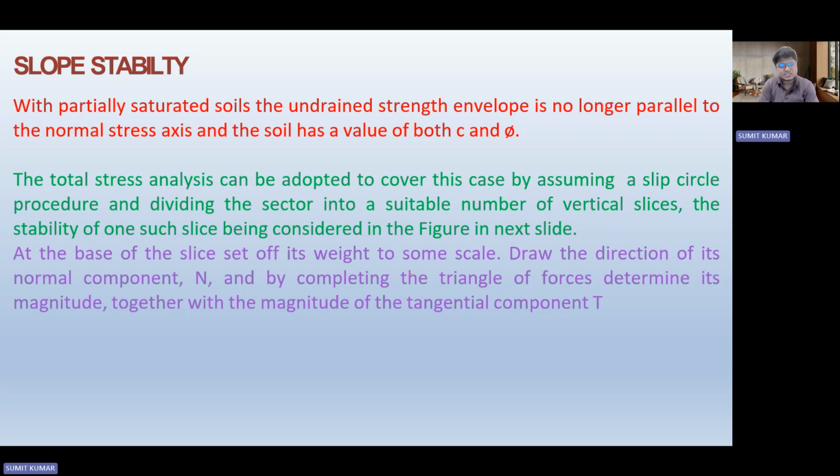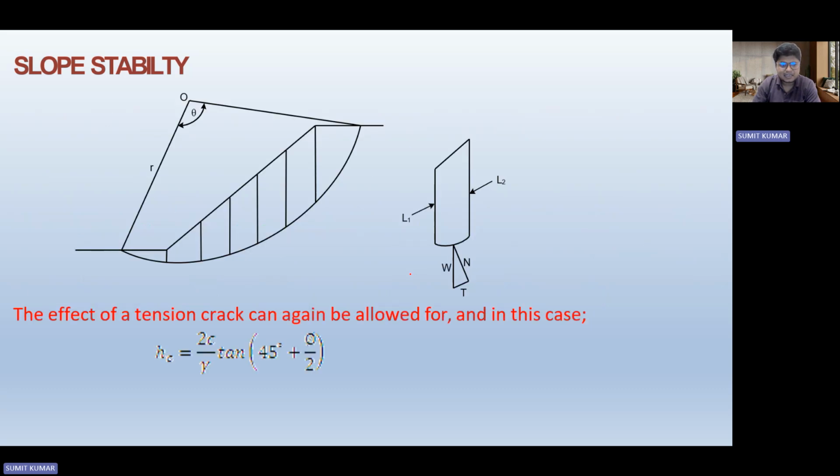At the base of the slice is the weight, drawn to some scale. Draw the direction of its normal component and end by completing the triangle of forces. The magnitude could be determined together with the magnitude of the tangential component, that is N and T. We are able to evaluate them.